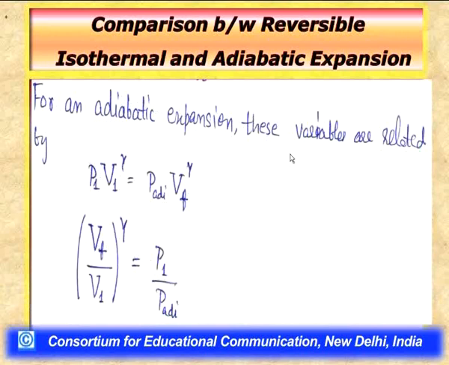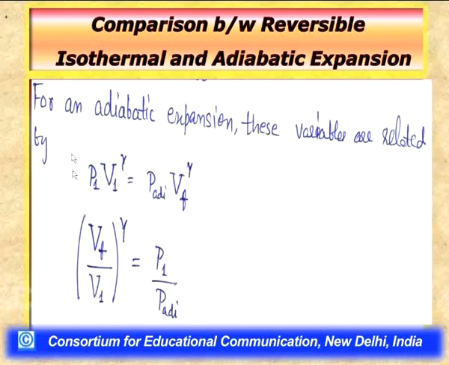Now, coming to adiabatic expansion, before we go about any relationship between pressure and volume, it is important to know that the equation of state under adiabatic condition is PV raised to the power gamma equals constant.